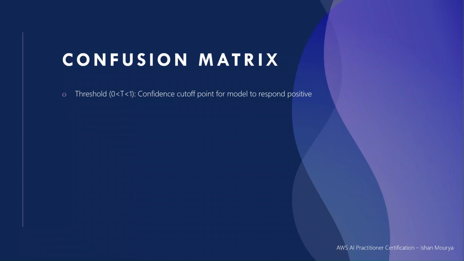So if you have set a threshold, let's say 0.6, anything identified as spam but having a confidence less than 0.6 will be identified as not spam, as negative, by the model. Only if it has a confidence higher than 0.6 will it be marked as positive, as spam.